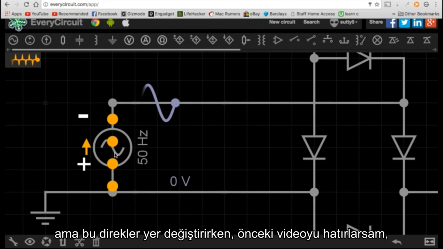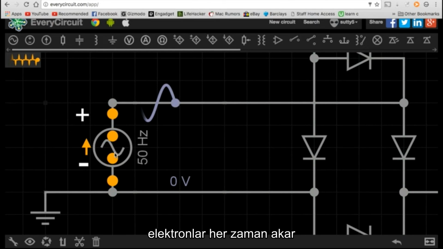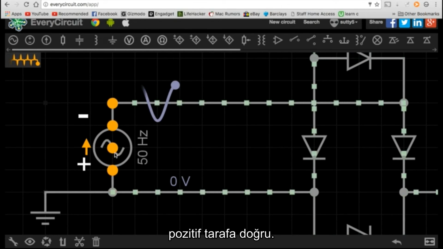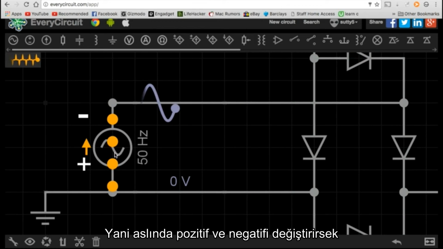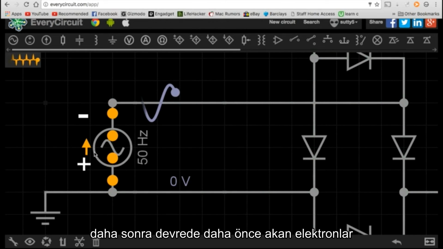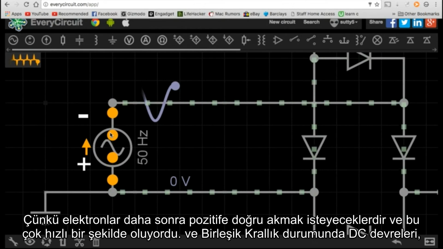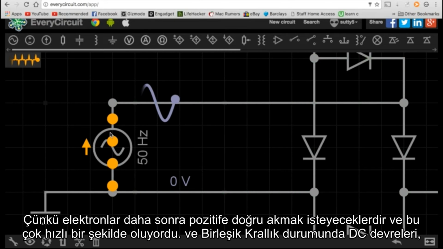But as those poles swap around, if you remember the previous video, electrons always flow towards the positive side. So if we actually swap positive and negative, then the electrons that were previously flowing in the circuit will suddenly want to flow backwards, because the electrons will then want to flow towards the positive. And that's what's happening very quickly in AC circuits.